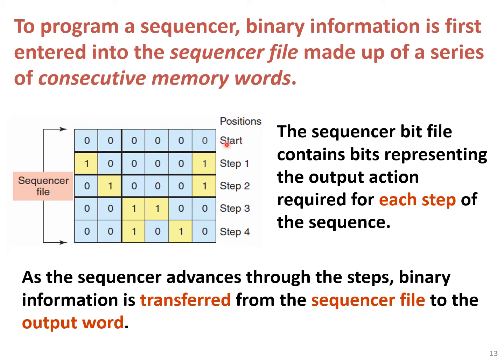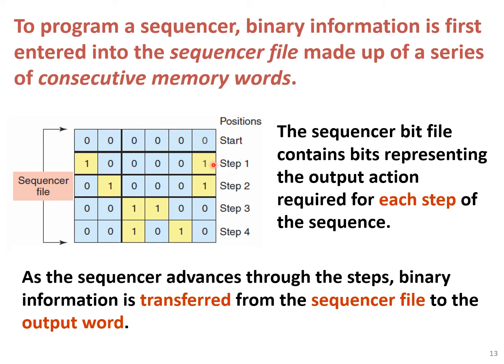These are the binary numbers we are putting into the sequence file. We have a bunch of ones and zeros. The sequencer bit file contains bits representing the output action required for each step of the sequence.